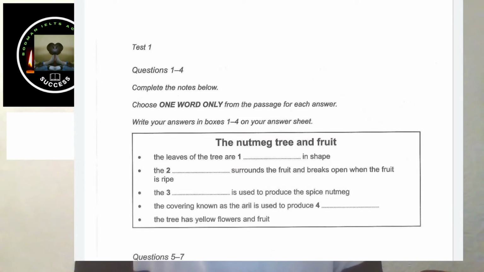Full stop means the end of that sentence. In this first question, the end of the sentence is after the shape, because that is the first bullet. The second bullet is not a continuation of it. The leaves of the tree are dashed in shape, full stop.